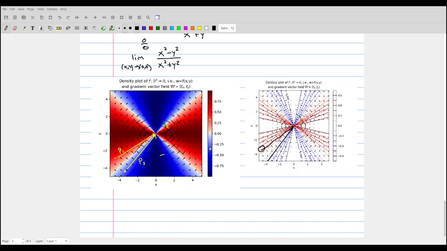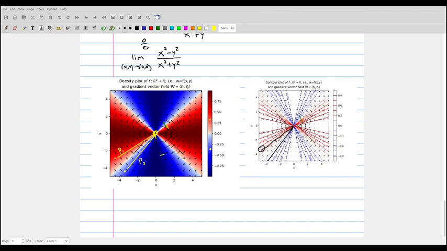So the idea is that as we approach the exact same point, which is the origin, there are multiple paths that give a different limit, and because of that, the limit of this function just does not exist. It can't exist.